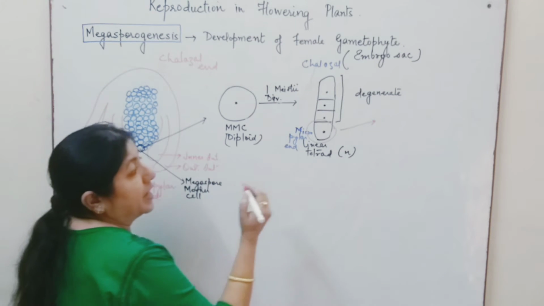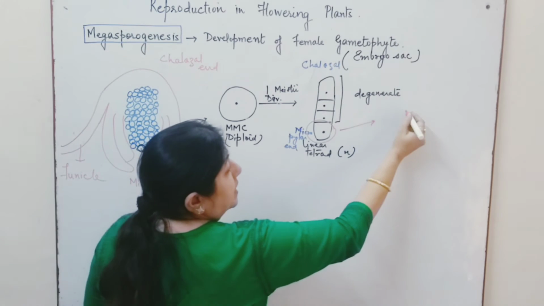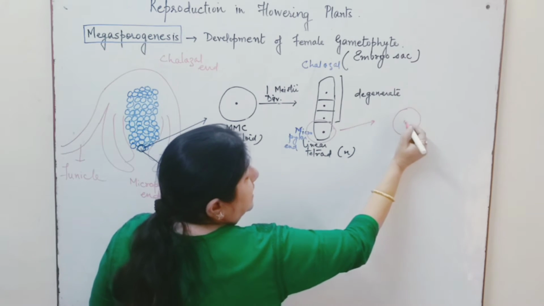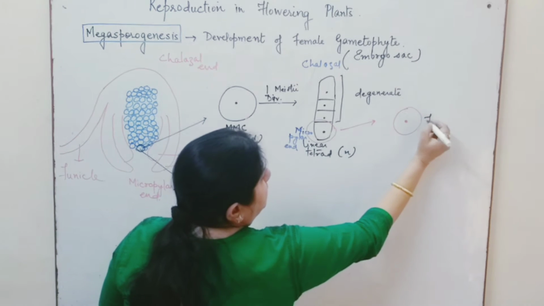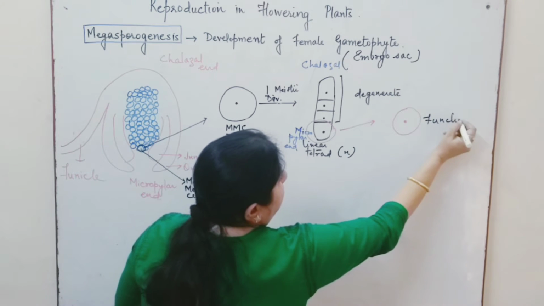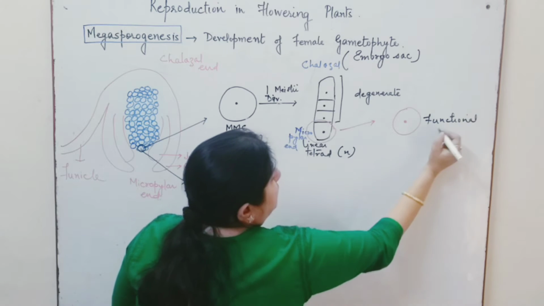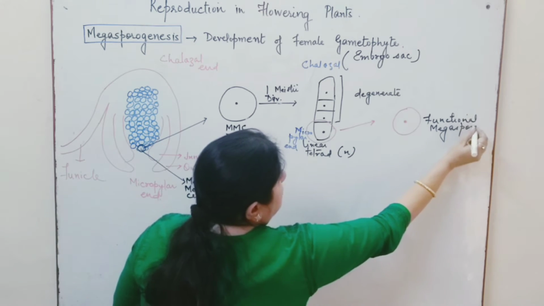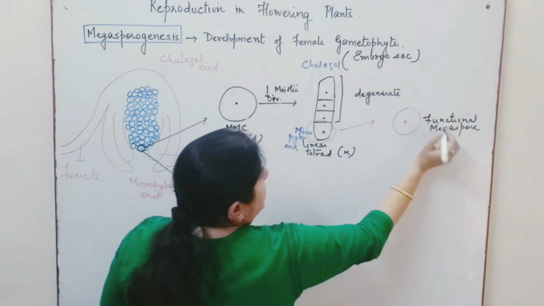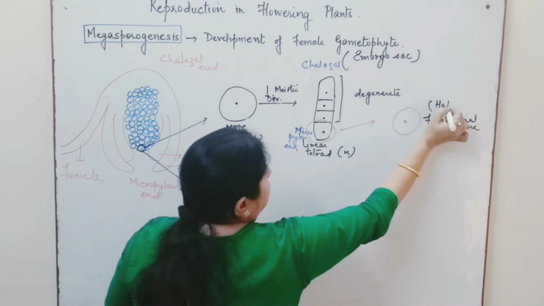It is known as the functional megaspore. This functional megaspore is haploid in nature.